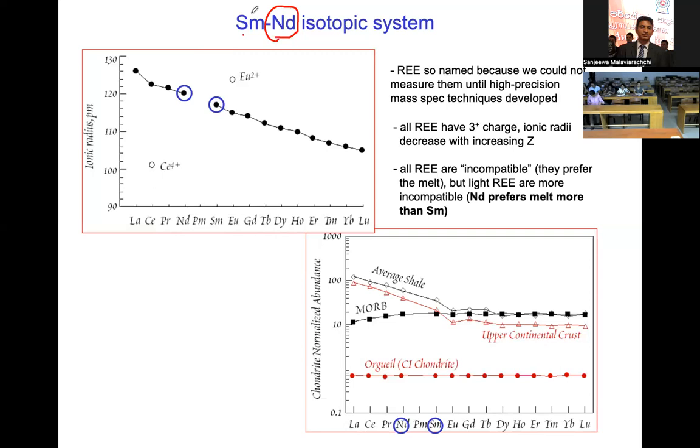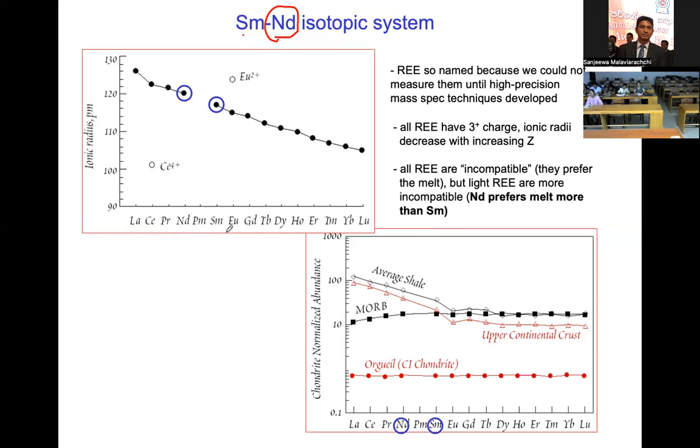But in the samarium neodymium system, neodymium is more incompatible. That means the daughter is more incompatible. So in a melt product, you don't have much parent accumulated, right?